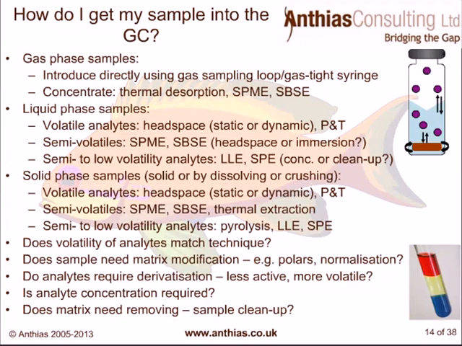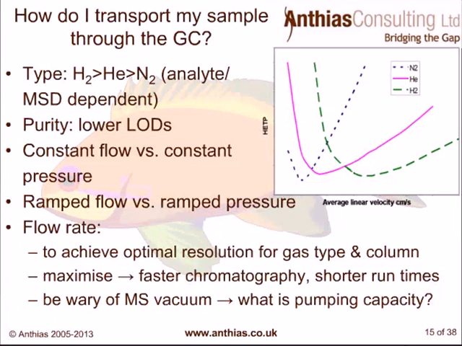Do your analytes require derivatization? So are they to make them either less active or more volatile? Again, that very much depends on the analytes or the techniques you're actually using. And is analyte concentration required? Does your matrix need removing? Do you need to do sample cleanup? These are all things that you need to be thinking about in your sampling technique.